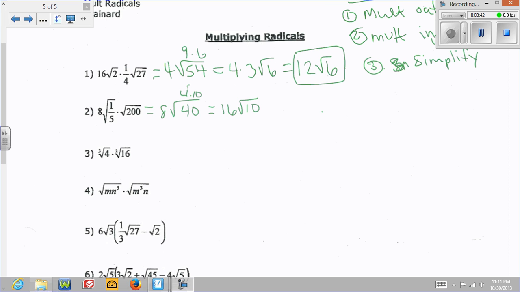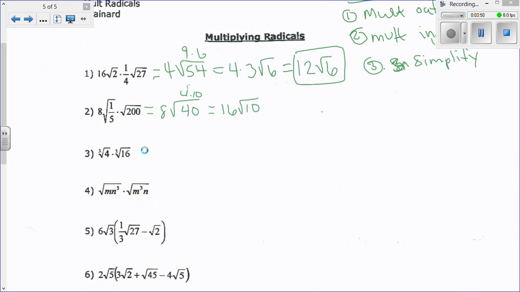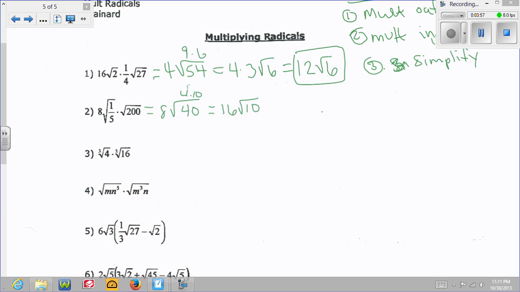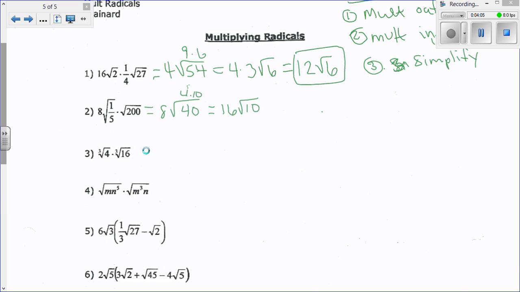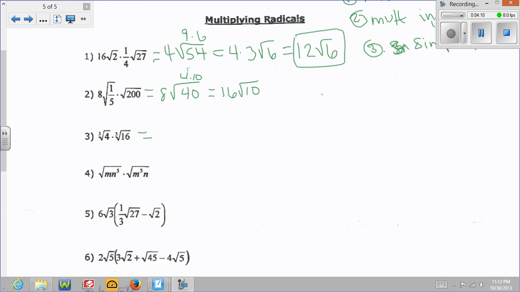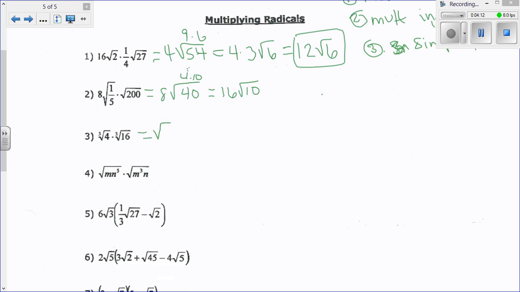Okay, the next one is just cube roots, but they're both cube roots, so we can just multiply. And when we multiply, we will get the cube root of 4 times 16, which is 64.